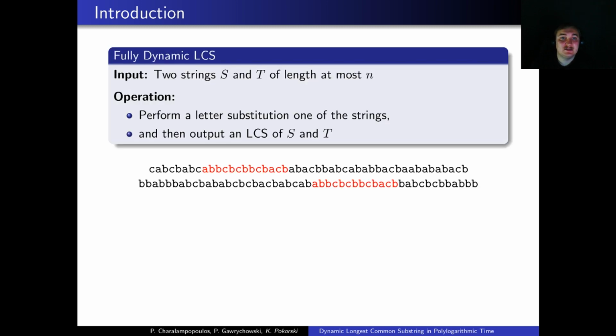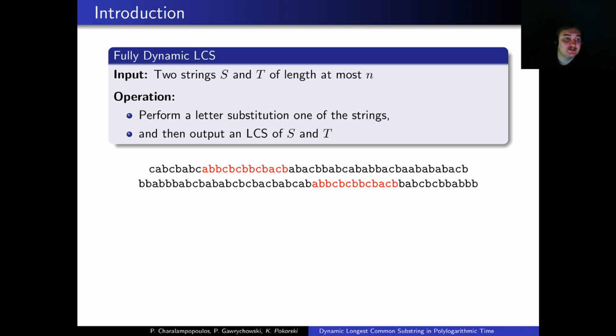But what we considered is the fully dynamic LCS problem. We are given two strings as earlier, and now we are allowed to perform letter substitutions. We want to maintain a data structure that helps us answer LCS queries in dynamic strings.